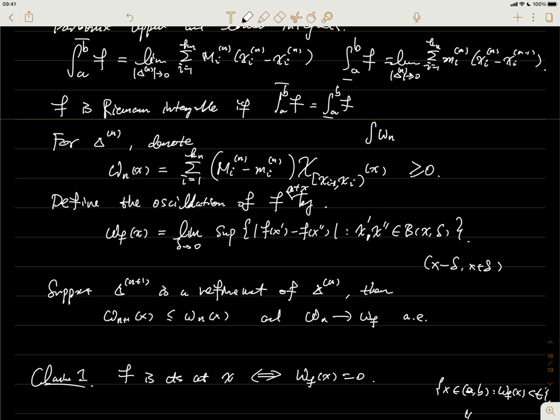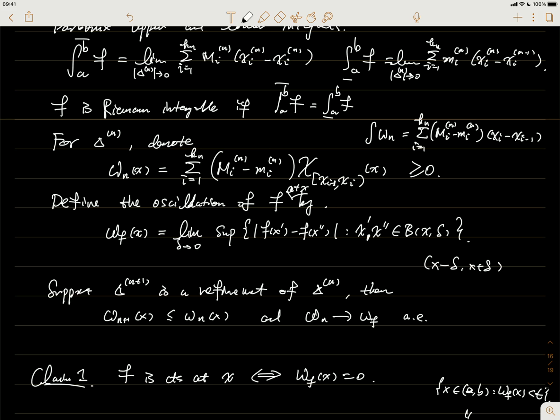The integral of Wn is equal to, because it's piecewise constant, nothing but the sum of capital Mi minus little mi times the length of the interval, xi minus xi minus 1, from 1 to kn. So that's what the integral is.